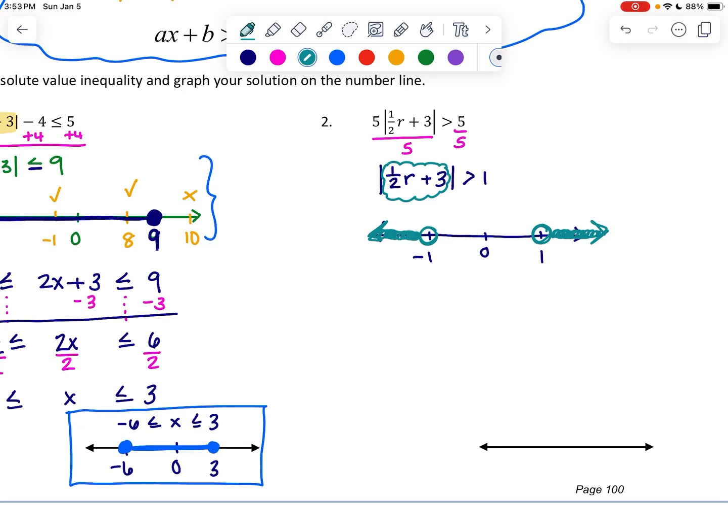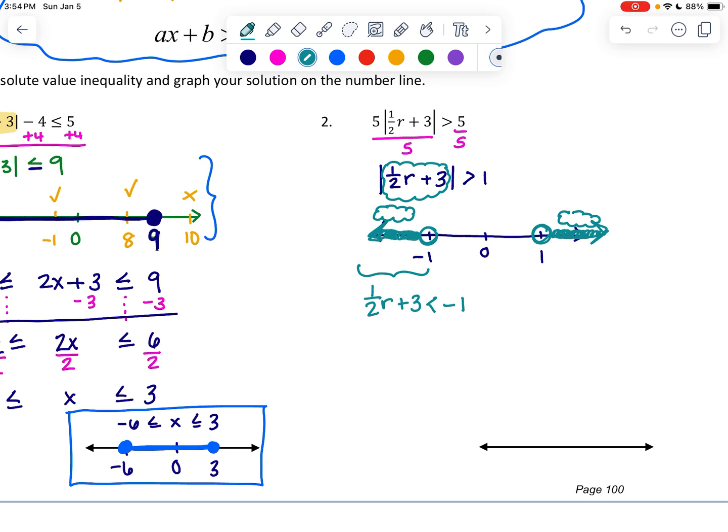So what we're going to do is take our graph here, our picture that has our little 1/2 r plus 3, and that little cloud has got to live in one of these places. So this piece here is telling us that 1/2 r plus 3, if I look at my arrow, is less than -1.